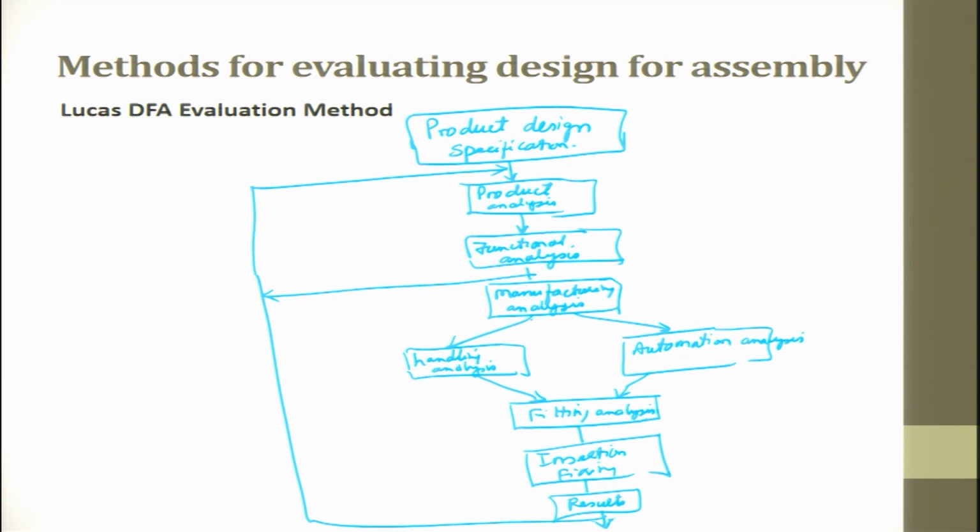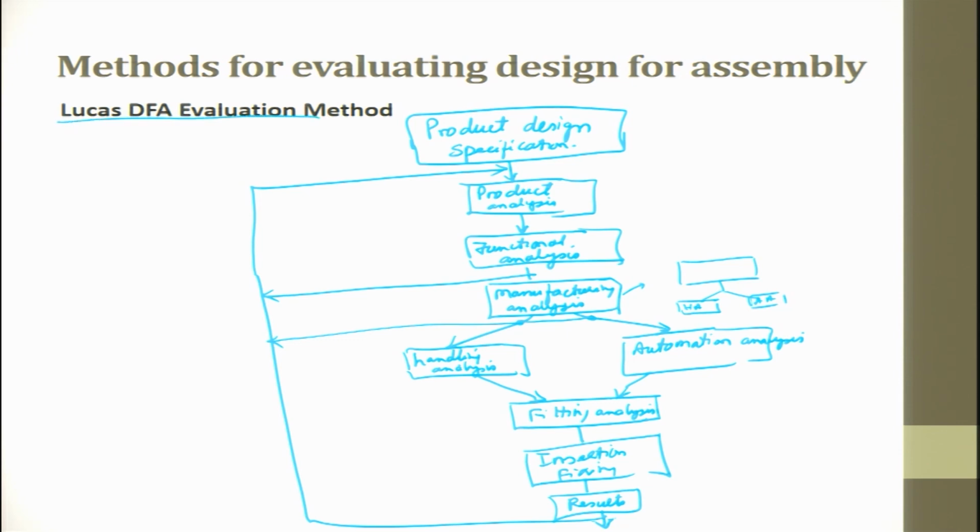After manufacturing, I can put it like this, the same line goes here and here, or I can replace this drawing and make it like this, this and this. So where you can have handling analysis and automation analysis, you can do it like this, or the 2 points connect here. So this is nothing but Lucas DFA evaluation analysis.